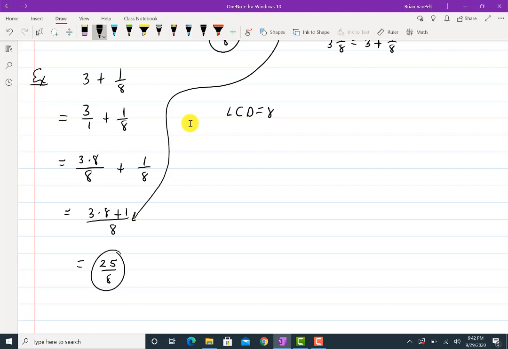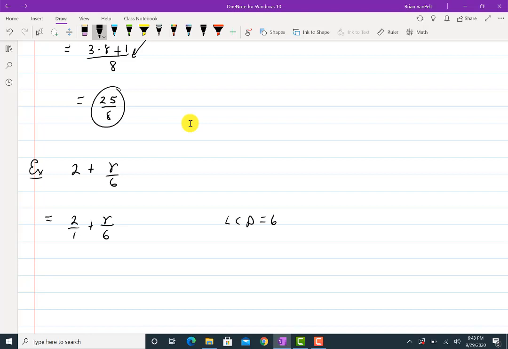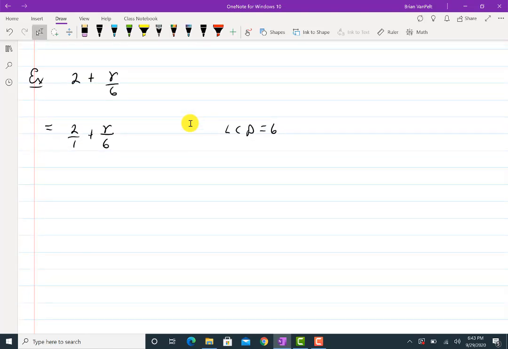Of course, we can do examples that are more complicated, like if I tried to do 2 plus r divided by 6, I would write that as 2 over 1 plus r divided by 6. And then my LCD would equal 6. Anytime one of the denominators is 1, the LCD is always easy to figure out.